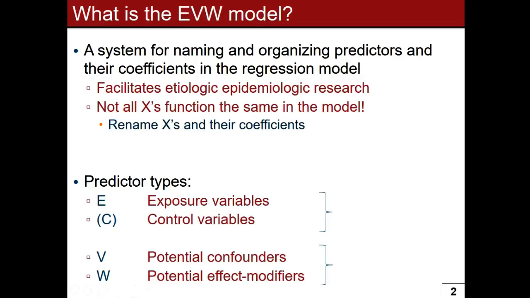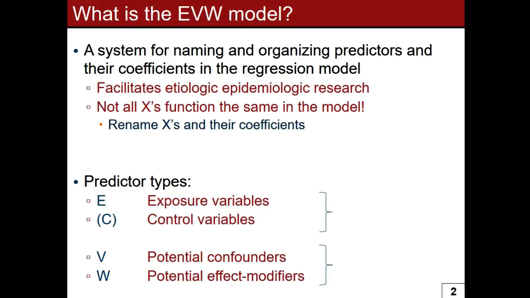The basic idea is that in epi life and research, not every X variable is the same. Some are exposures, some are confounders, some are effect modifiers, some are mediators, which we don't talk as much about in this course, but I'd love to on the side. Not all X variables are created equal, and they do different things.